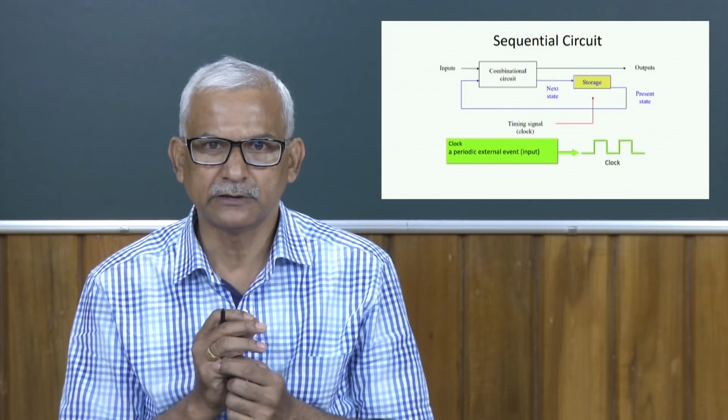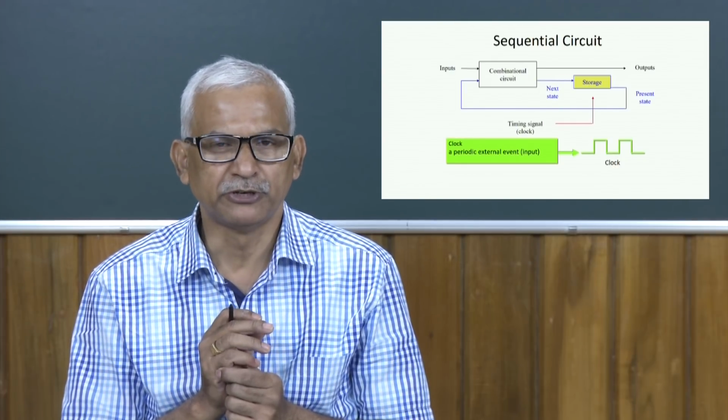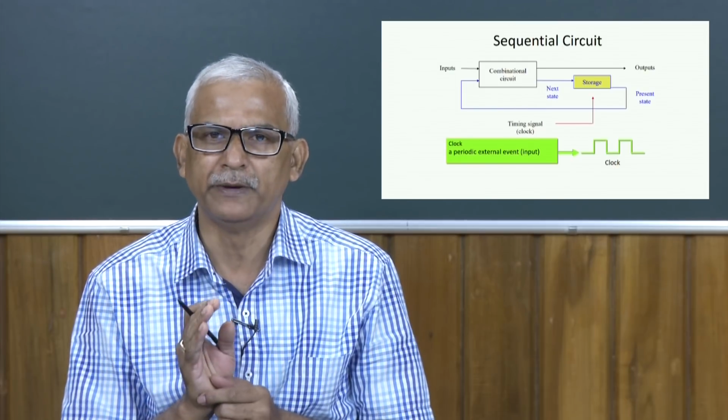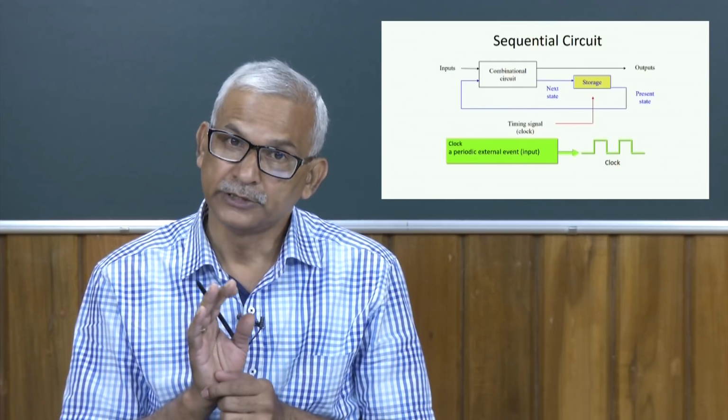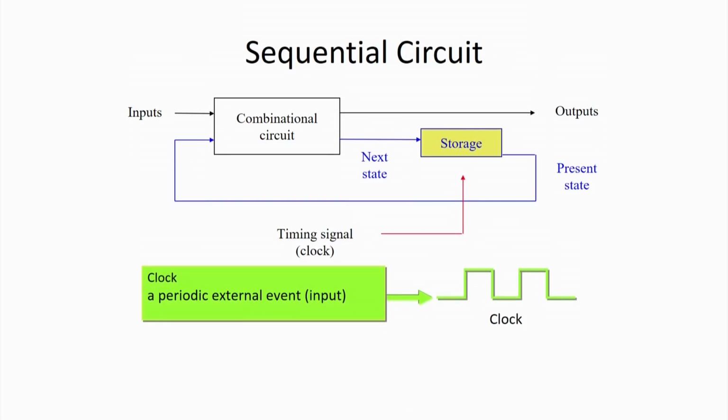Now, the second class of circuit is your sequential circuit. In case of a sequential circuit, already I have mentioned that the current output depends on some previous output also. So, that is why it is a combination of your combinational circuit as well as some storage. This is the combinational part of my sequential circuit.